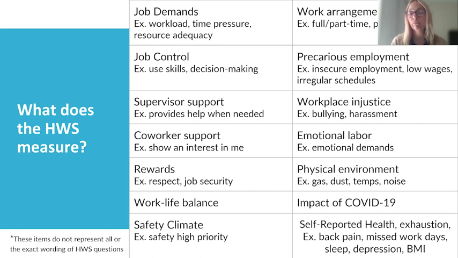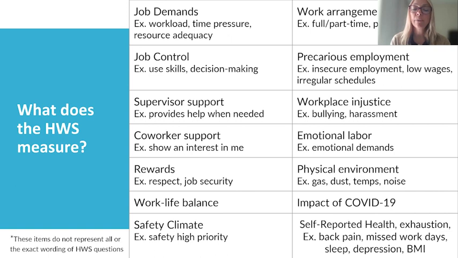So these are some of the elements that the survey measures. Like I mentioned, the major stresses, demands, control, support, rewards, so issues like respect at work, job security, fair earnings. We measure work-life balance, safety climate. We also measure some ongoing or emerging stresses, including issues related to workplace injustice, including workplace bullying.